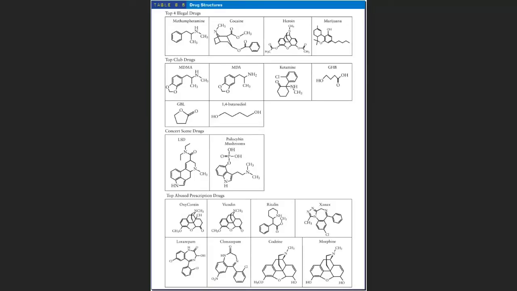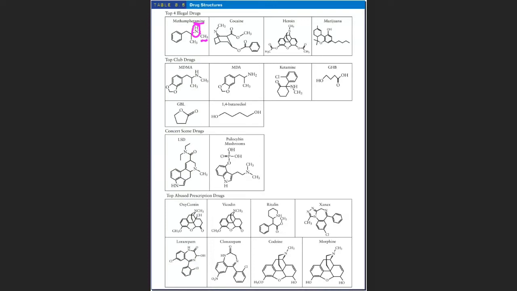This is table 8.6 from our textbook, and it shows the structures of some illegal drugs and also of some prescription drugs. Let's see what we can find. First up, methamphetamine. Meth, we've just learned, means 1 carbon. So the methamphetamine is going to refer to that methyl attached to this amine.